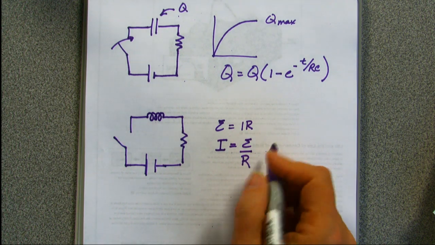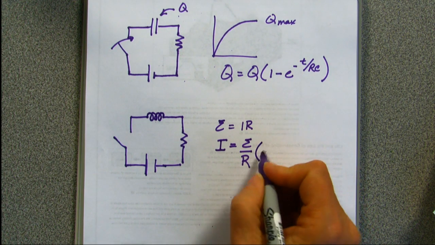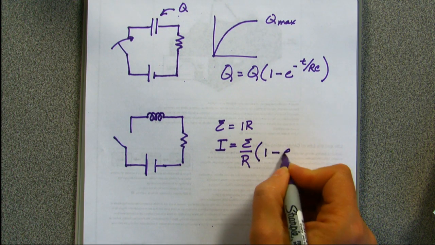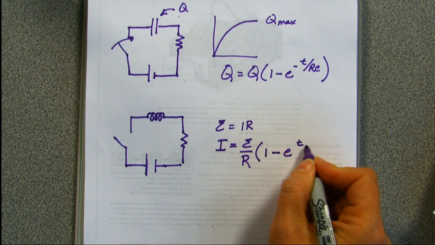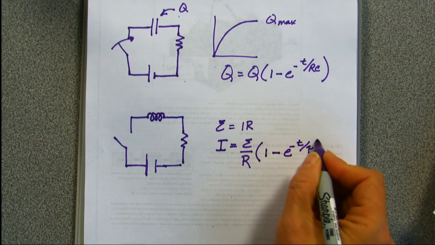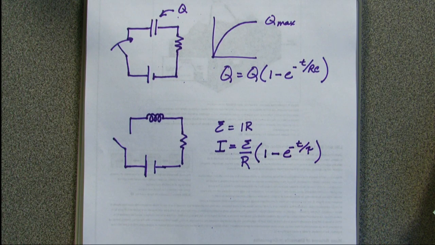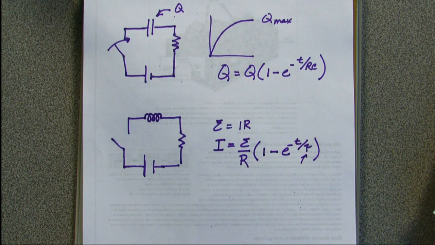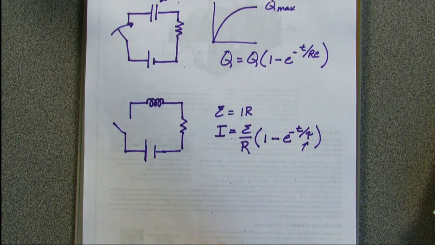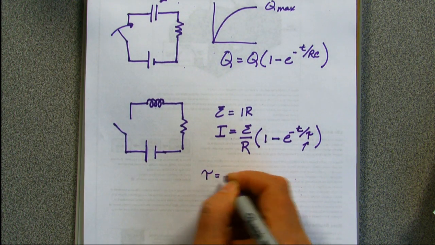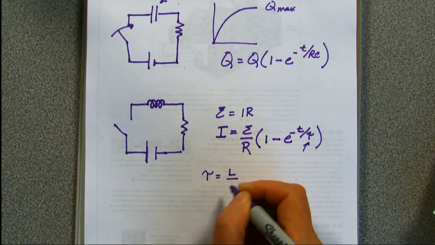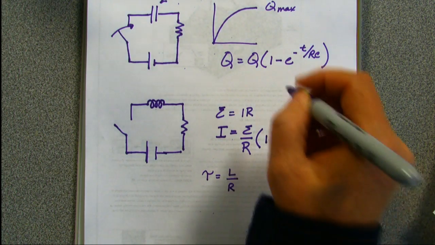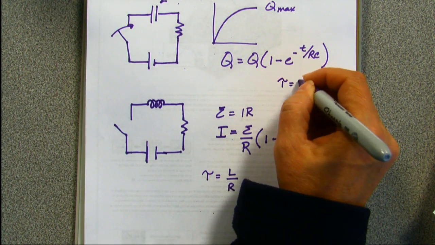So I'm going to get some function, and it turns out it looks an awful lot like what I had for capacitors, except this time the time constant is going to be a little different. The time constant for this system is going to be L over R. The time constant for the capacitor circuit was RC.